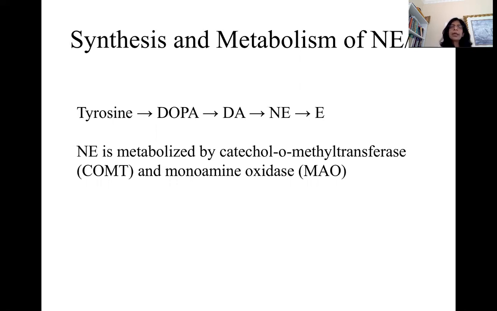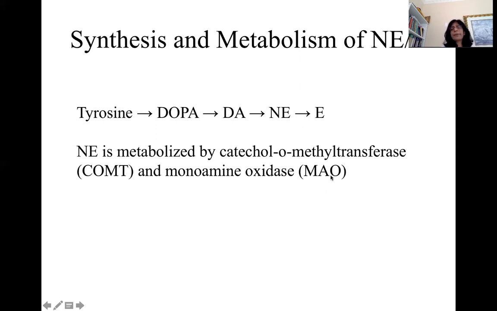Now, the neurotransmitters here are metabolized by using enzymes such as catechol-O-methyltransferase, COMT. This is the same one for dopamine breakdown as well as norepinephrine breakdown. Monoamine oxidase, MAO, is another enzyme that is utilized in the breakdown of these neurotransmitters.